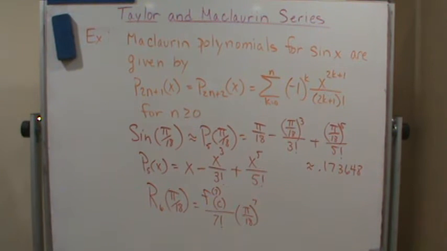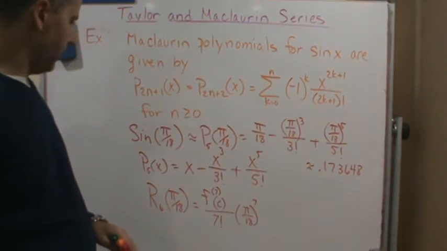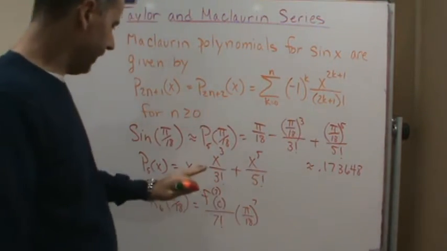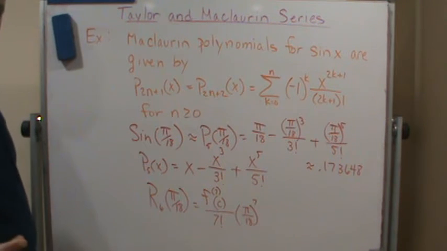So now, because this is sine, we're going to use the fact that the absolute value of the derivative is going to be less than or equal to 1.